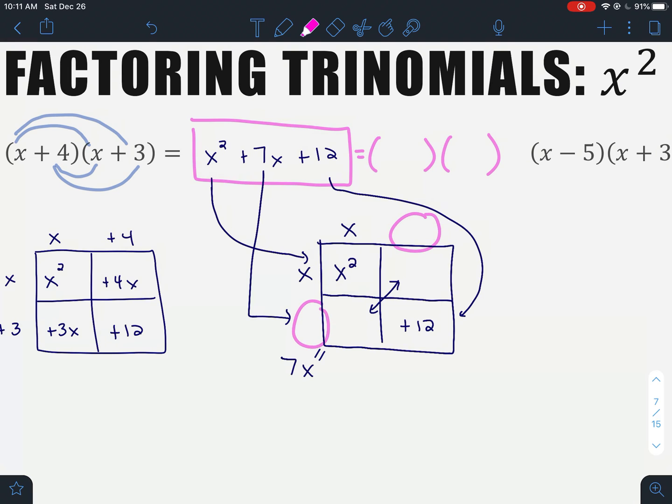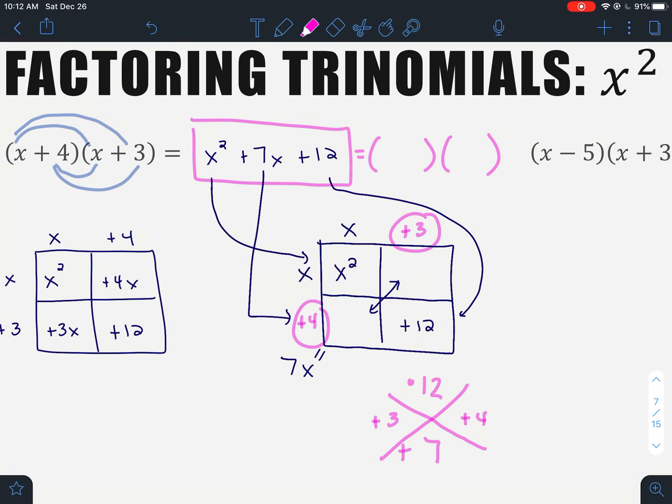So I need to find two numbers that when I multiply them together, I get 12, and when I add them together, I get 7. We can do this little graphic organizer. What are the factors of 12? What two numbers multiply to 12 and add to 7?